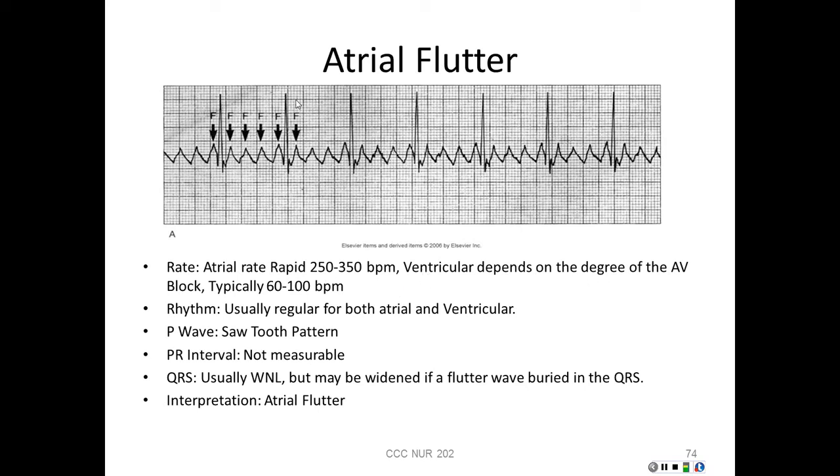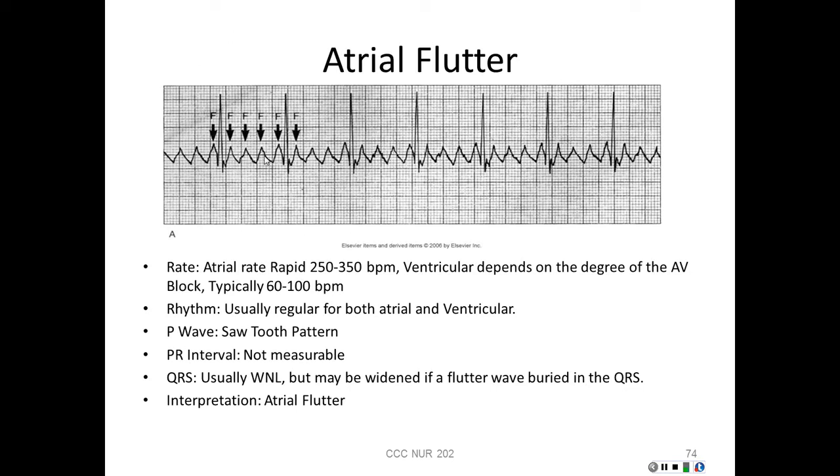Remember that the AV node is kind of the protector of the ventricles. If the SA node is firing way too fast, it's going to block part of those going through. It's kind of the gatekeeper so that the ventricles can function properly. If those ventricles are firing too fast, there's not time for them to fill with blood, and you will decrease your cardiac output. You're also going to increase your cardiac demand on these patients.